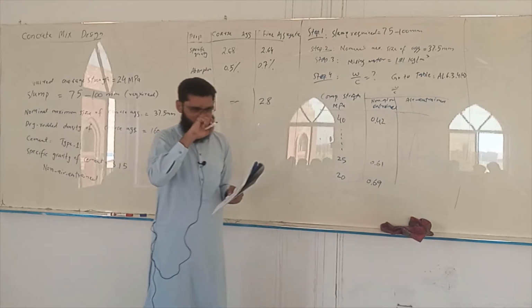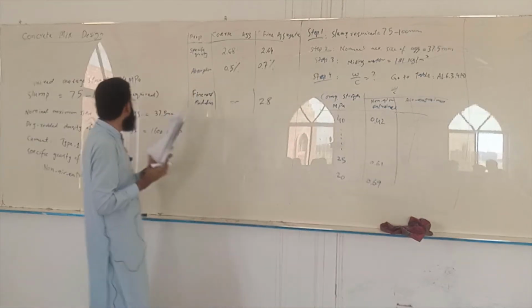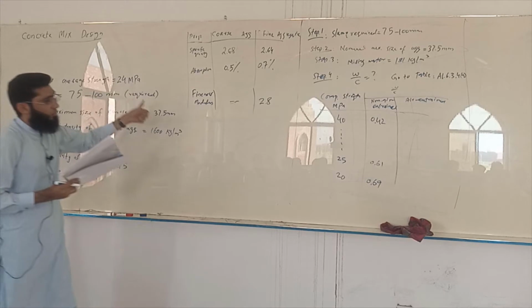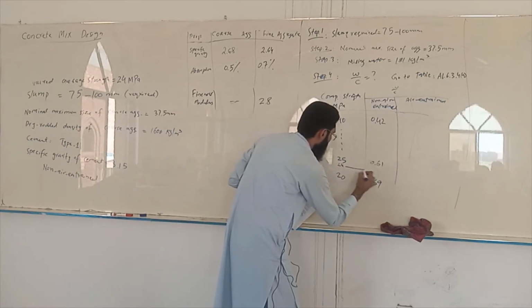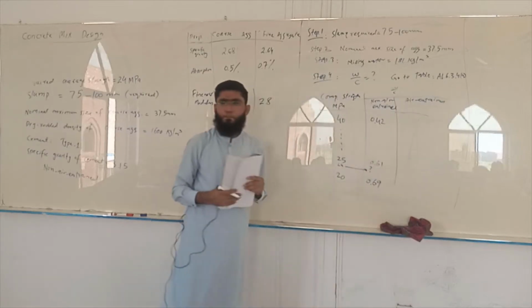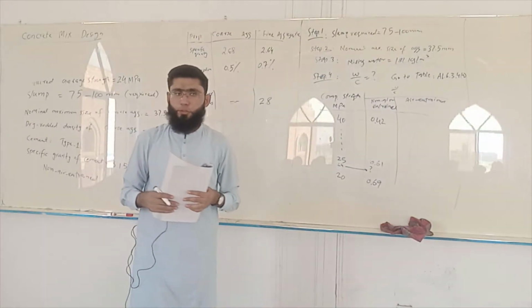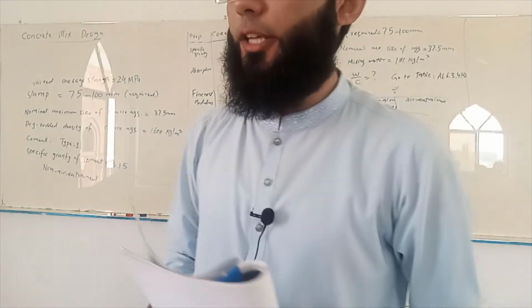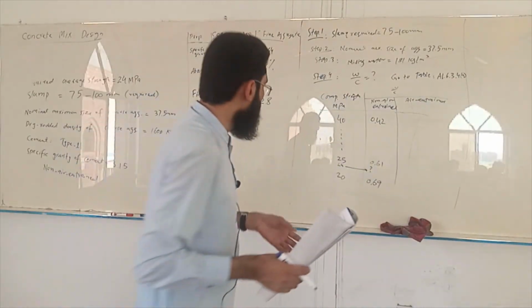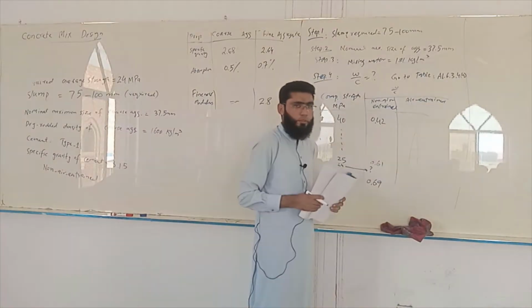Now, what is our required average strength? 24. So we lie somewhere over here. So what do you do in that case? Interpolation. You have to interpolate for this value.